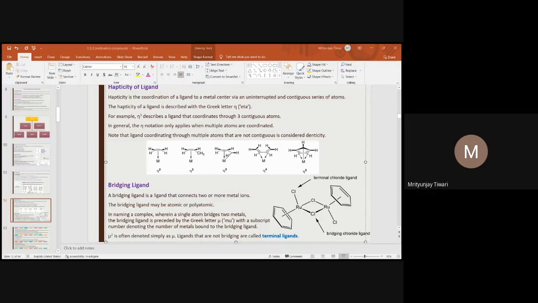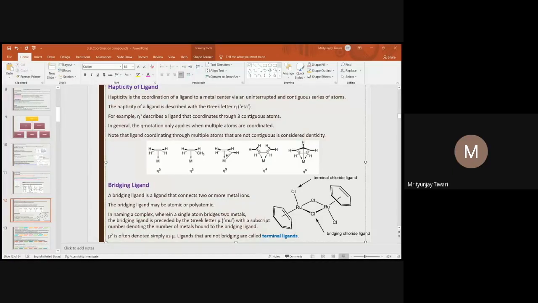The six CN minus ligands are there, and all these CNs run away with the donated electron pairs that they share with the copper, taking the negative charge with them. So copper could have a plus 4 charge.